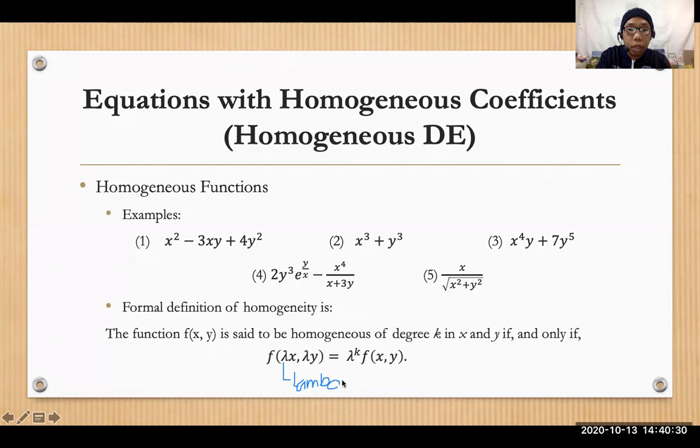In other books, they use the letter t instead of lambda. In here, we replace x by lambda x and y by lambda y. And if we are able to factor out lambda in the given function, that function is homogeneous. So let us evaluate example number 4 and number 5, applying the formal definition of the homogeneity of a function.